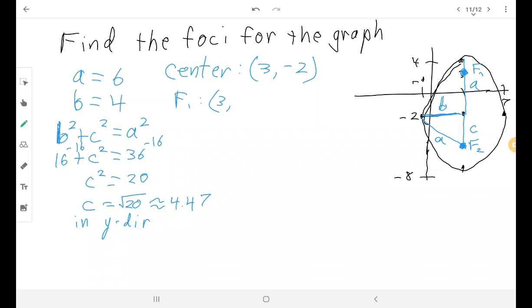But the y value, I'm going to go from the center to F1, I'm going up. That is, I'm going in the positive y direction. So I'm going to go from -2 in the positive direction by a value of square root of 20. And that gets me there. Okay?